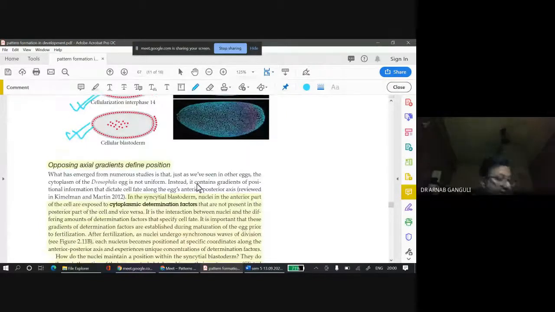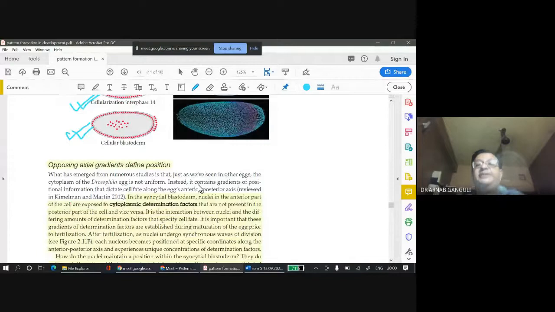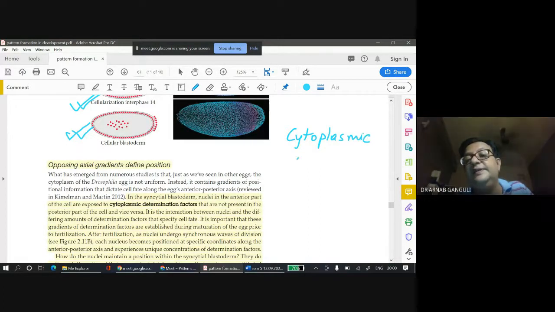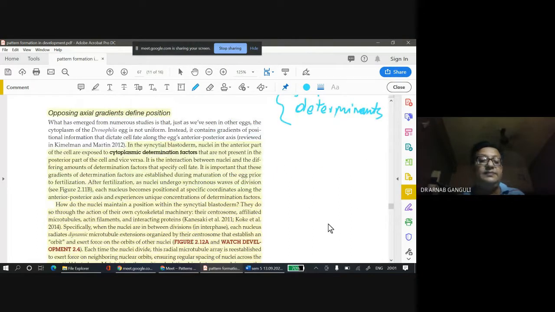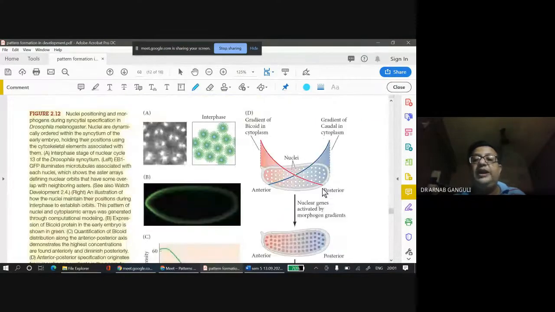Inside this egg, as you know, there are those famous cytoplasmic determinants. So let us look at what happens.